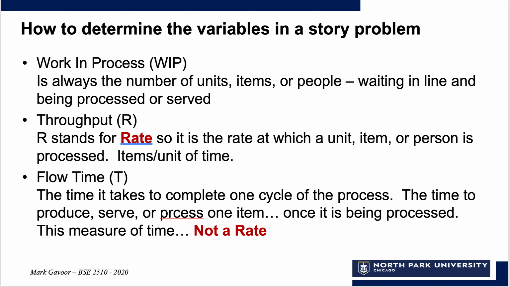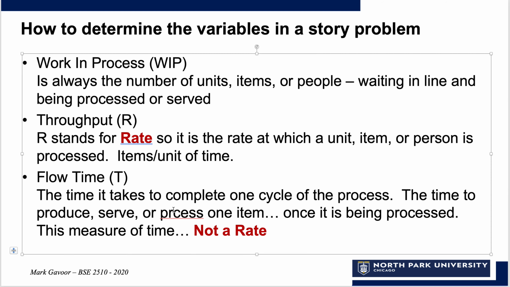As soon as you see the words per hour, per day, per minute, per week, you know that that's the rate. Flow time is the amount of time it takes to complete one cycle of the process: the time to produce, serve, or process once it is being processed. This is a measure of time too. It's not a rate. So if you're looking for WIP, they're going to give you a rate and something that's not a rate.